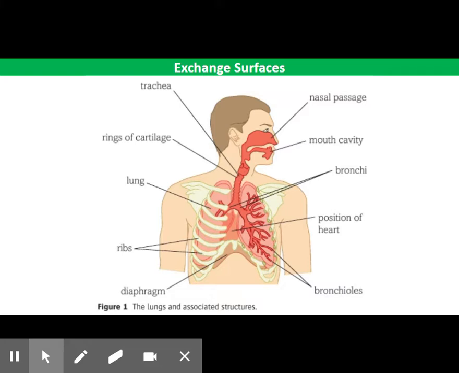Now, the thin alveolar walls are considered the actual respiratory surface. So when we talk about respiratory surfaces with respect to humans or mammals, we're really talking about the surface of the alveoli. The alveoli walls are surrounded by a large network of blood capillaries.